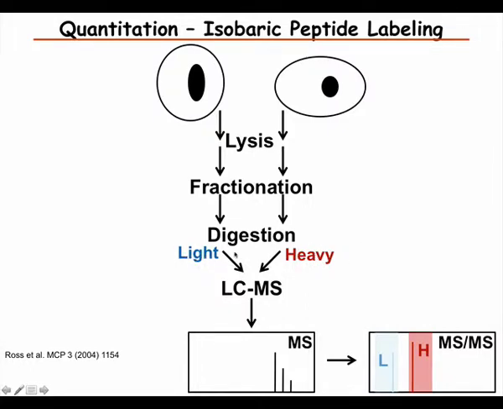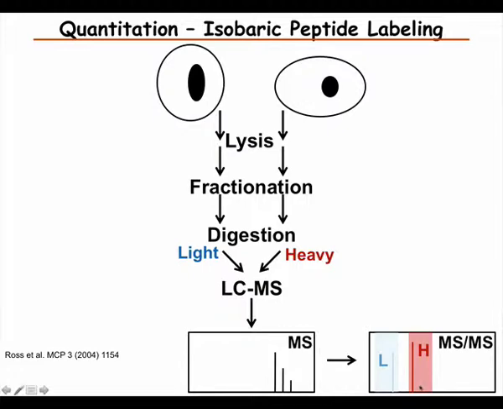There are kits for up to 10. But these labels are isobaric, so when we measure the precursor mass, they will all have the same total mass. But then they have a weak link built into them, and a different mass will fall off.